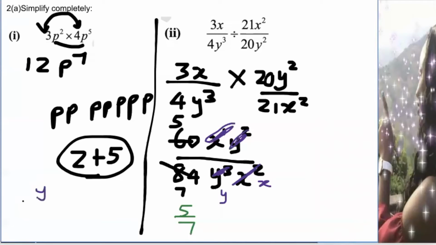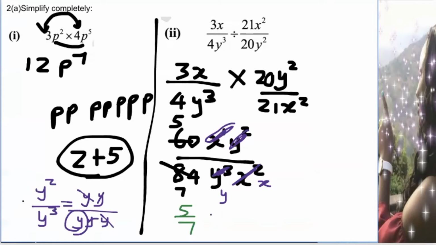Remember, y squared over y cubed is the same thing as y times y in the numerator, and y cubed is the same thing as y times y times y. So all we did was cancel the y's. So all we're left with is this y that I'm showing right here.